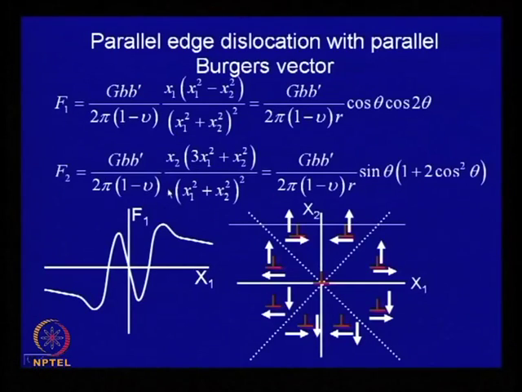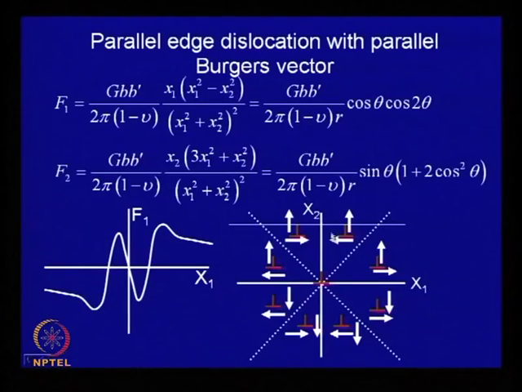That means along the length of the dislocation, the nature of the stress field is exactly the same. Here also, if you do the conversion to polar coordinates, which is easy to understand, you can show that this expression looks much simpler. This is inversely proportional to the distance between the two dislocations. That means if the dislocations are far apart, the interaction will be less.